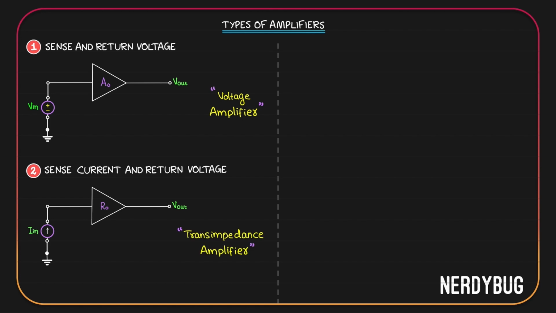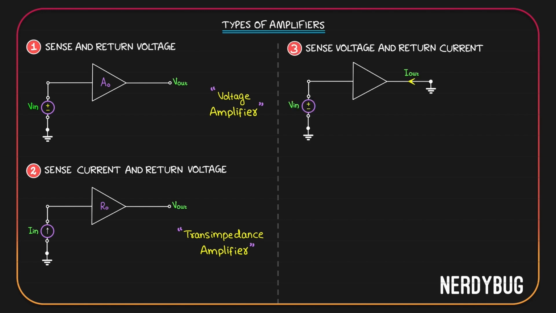A third kind of amplifier we can have is one with a voltage as its input and current as its output. An amplifier that senses voltage and returns current. It will look like this. Here the gain will be output current divided by input voltage. Current divided by voltage. It will have the dimensions of conductance.